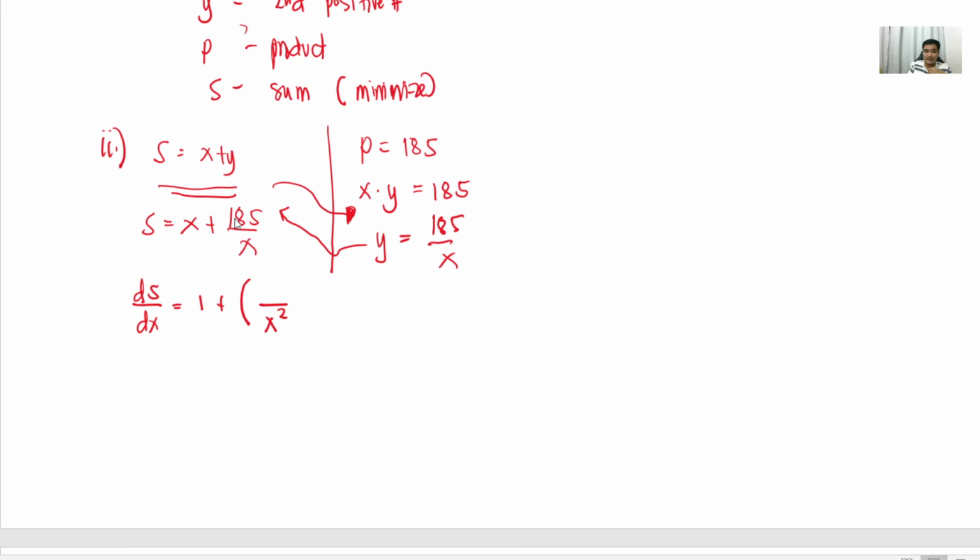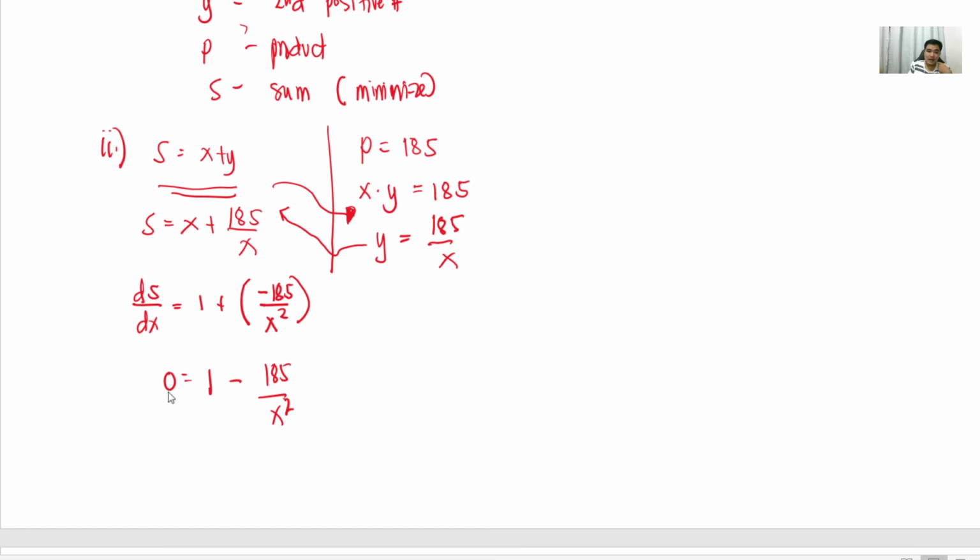So, sa numerator, low times derivative ni high is 0. So, cancel na yung 0 na yon. Minus high, derivative ni low. So, 185 times derivative ni x is 1. So, that is negative 185. So, set to 0. So, magiging 0 equals 1 minus 185 all over x squared.